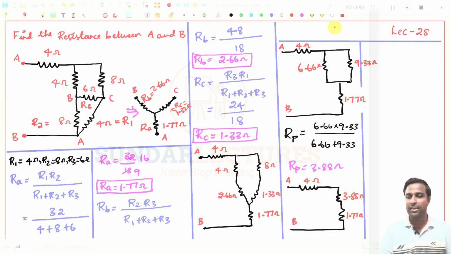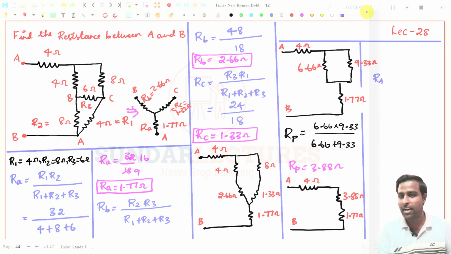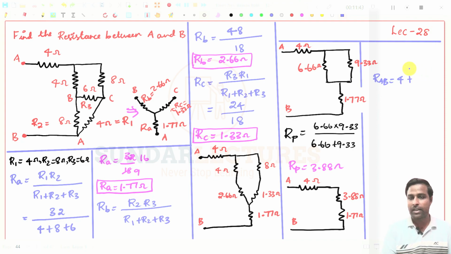So if I further simplify this, what I can directly write now is the resistance between A and B, R_AB, will be equal to 4 plus 3.88 plus 1.77 ohms, right?